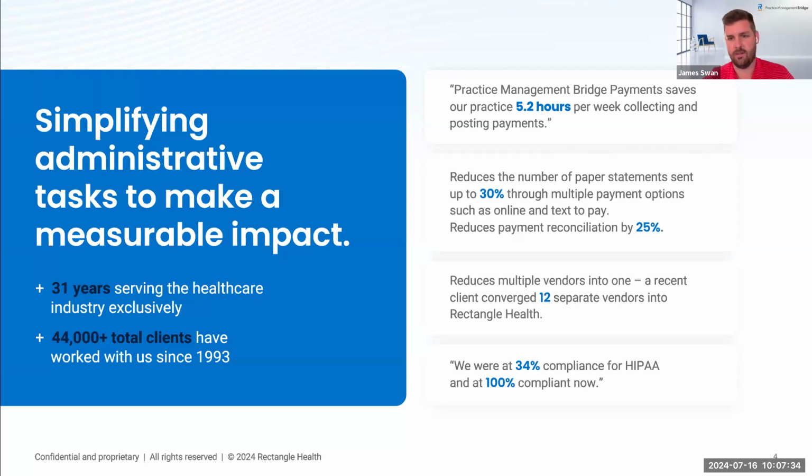And one thing through a number of these different components, as you can see, is that we've got the ability to consolidate multiple vendors down into one. We've worked with groups that have 12 vendors across their number of locations. We've worked with some that have 2 that we can consolidate to 1.